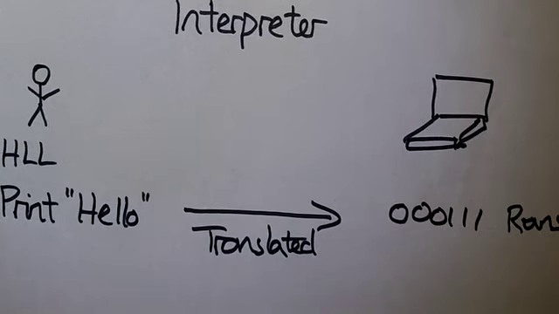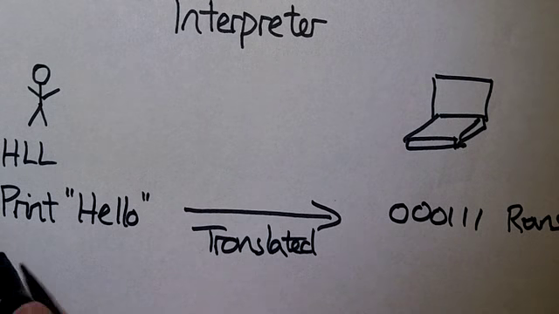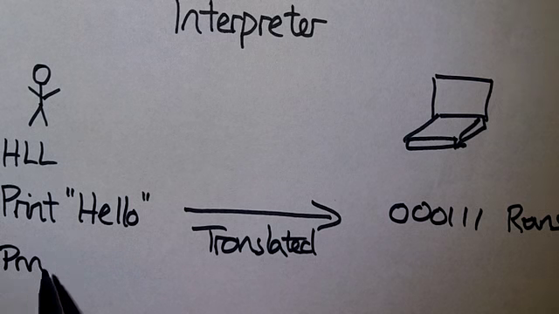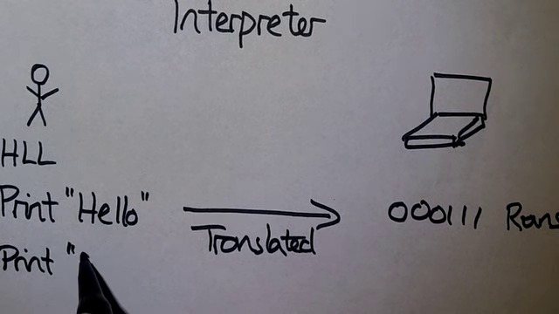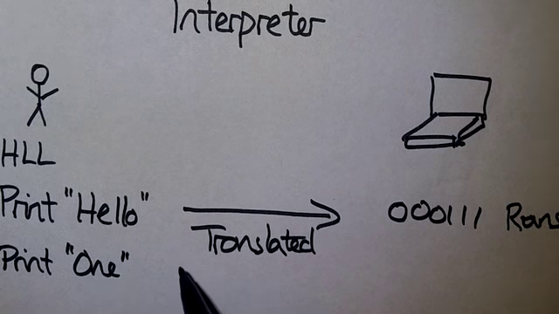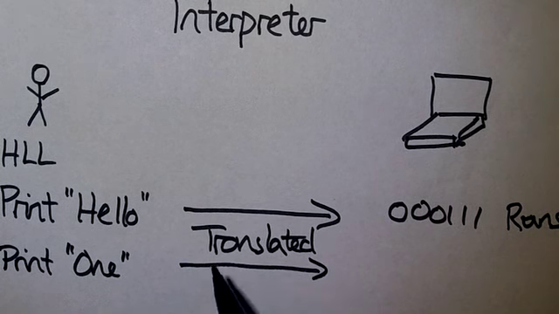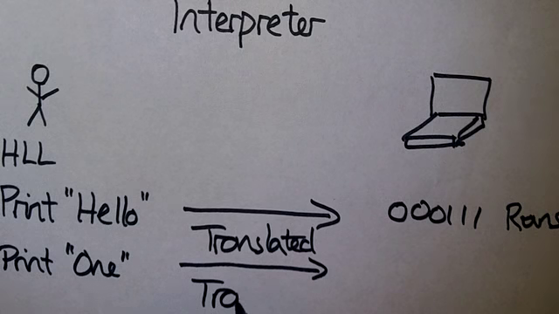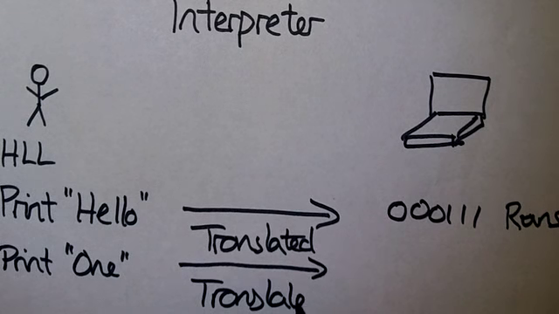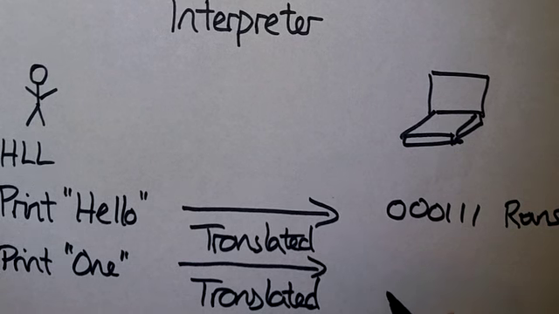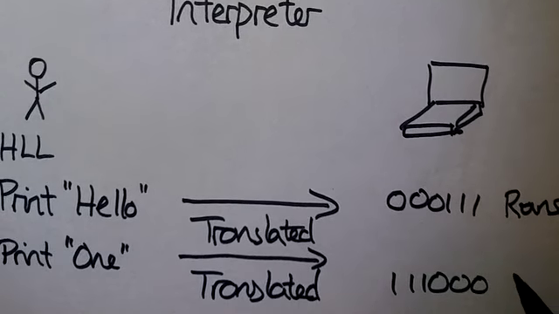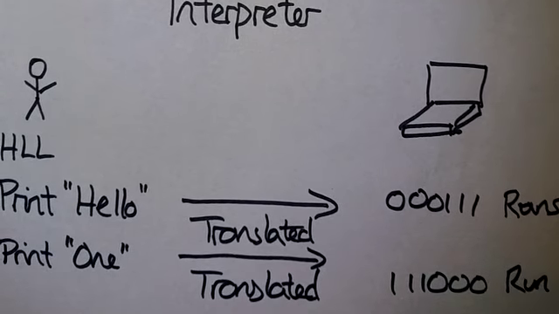If it's happy with it, it then gets the next line and then translates that. Again into machine code, and then the computer runs.